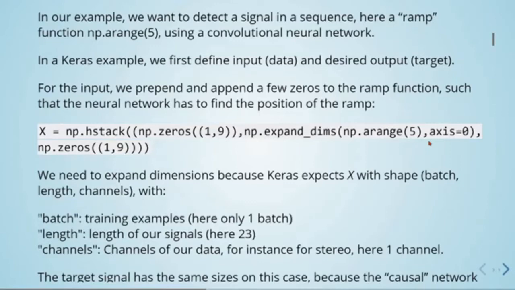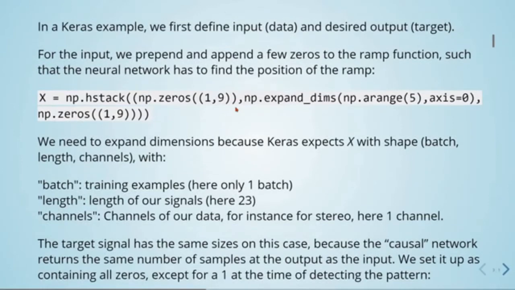Keras expects a certain shape, and we need to expand some dimensions to prepare our input to have these expected dimensions. The dimensions that Keras expects is an input with the shape given by the batch, the length, and the number of channels.